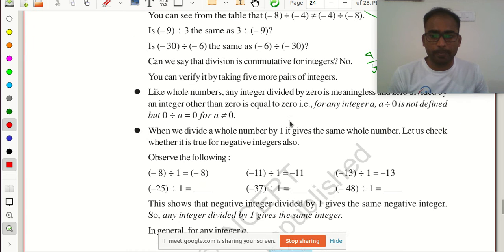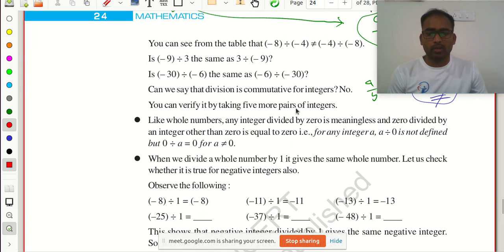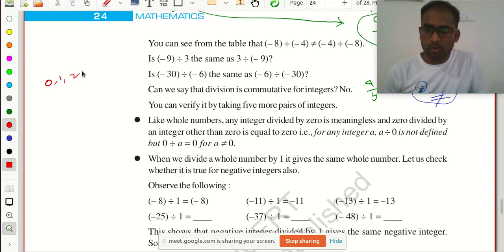Okay? Understood? Like in whole numbers also, division does not hold. Why? Because whole numbers start from 0, 1, 2, 3 and so on. In whole numbers, suppose I do 1 upon 0 and 0 upon 1, are these two equal?